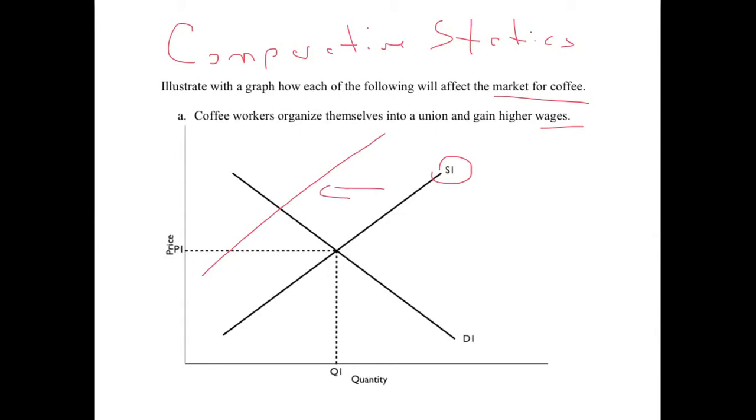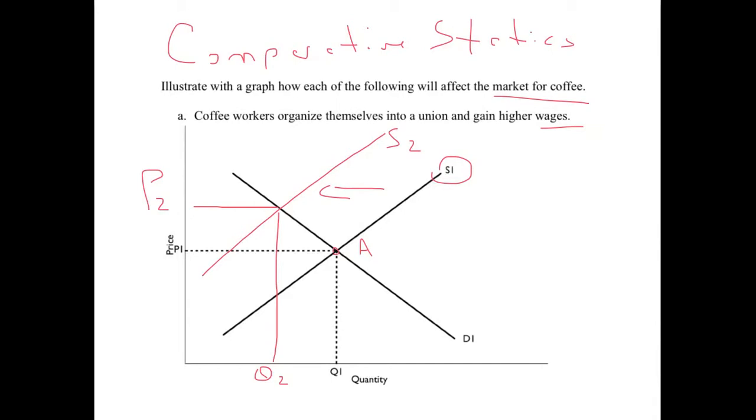The supply curve shifts to the left, say from S1 to S2, and this will take us from equilibrium A. This was the initial equilibrium price of P1, quantity Q1. This will take us to a new equilibrium price, we call that P2, and a new equilibrium quantity, we call that Q2.